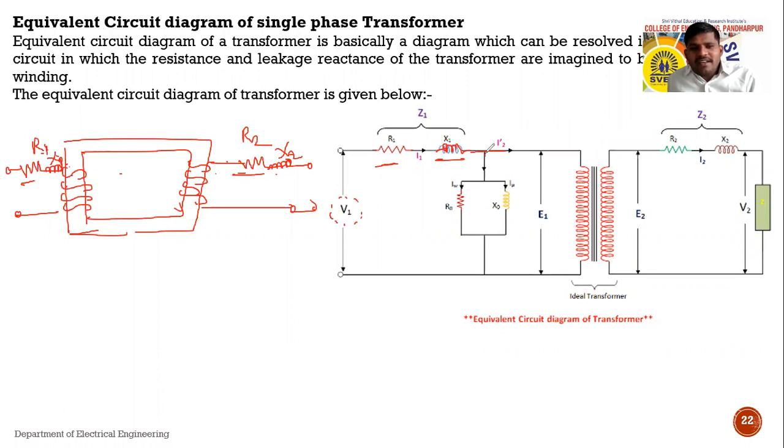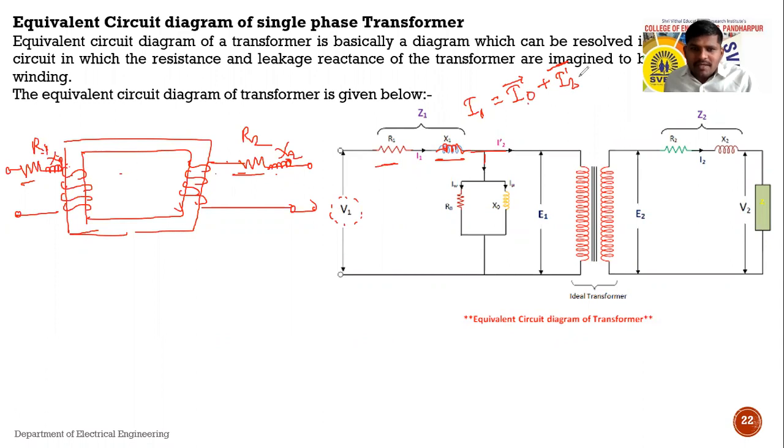Again, here there is also a no load component of the current. That means I1 is the vector sum of I0 and I2 dash. We have already discussed this. The current flowing in the primary winding equals the current at no load plus I2 dash, the additional current taken at the load condition, right?